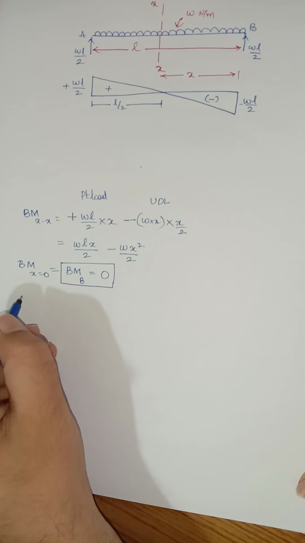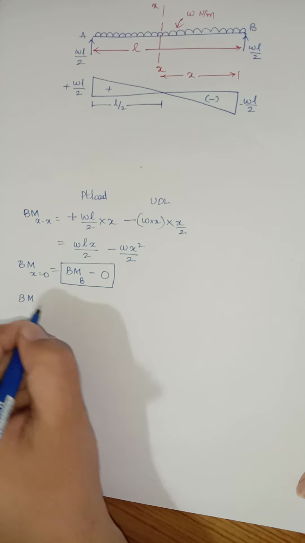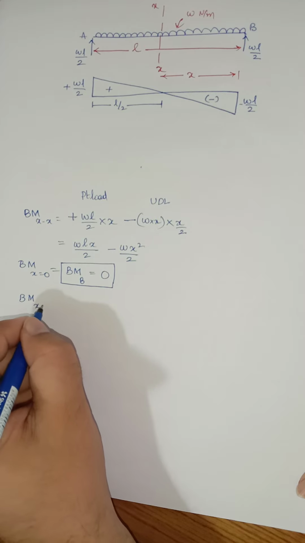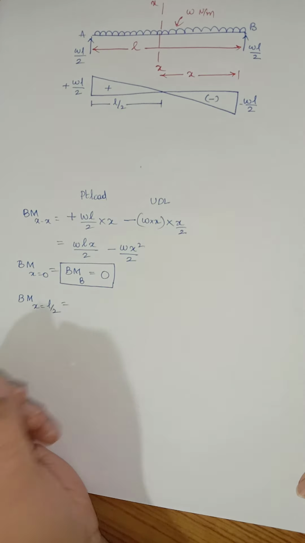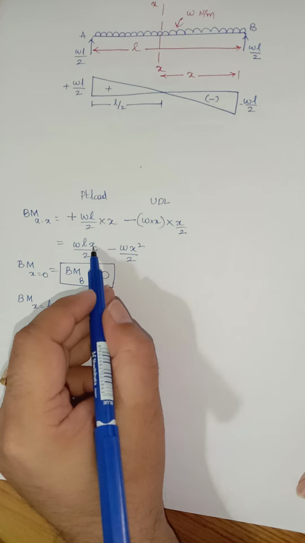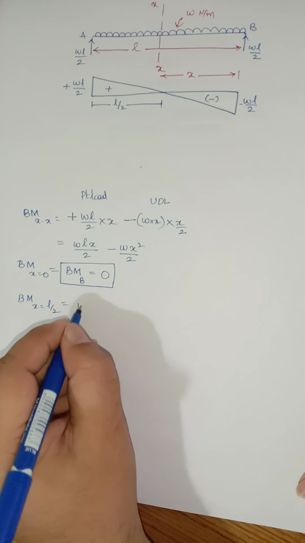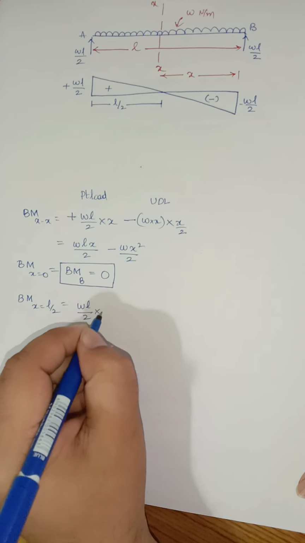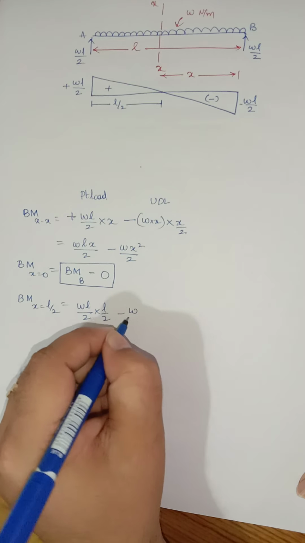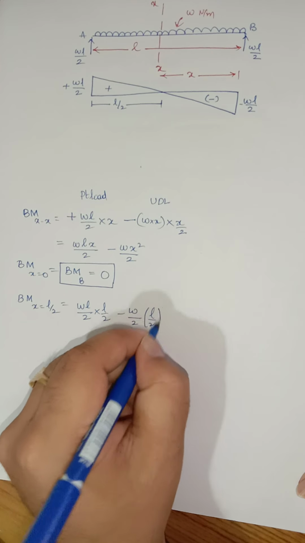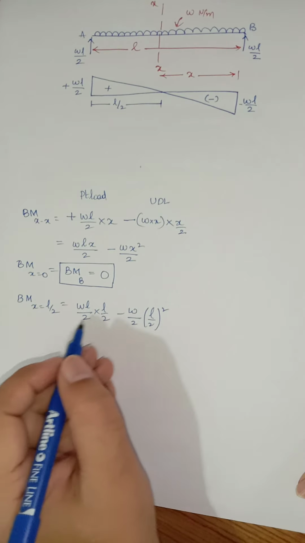Next, same thing again. I want to calculate bending moment at x is equal to L by 2. Same thing again, just substitute L by 2 in place of x. WL by 2 multiplied by L by 2 minus W by 2 multiplied by L by 2 whole square. So what will it be now?